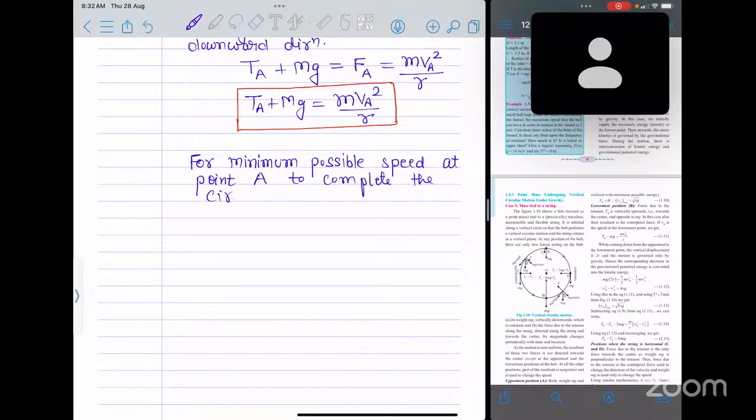To complete the circular motion, tension at point A should be 0.